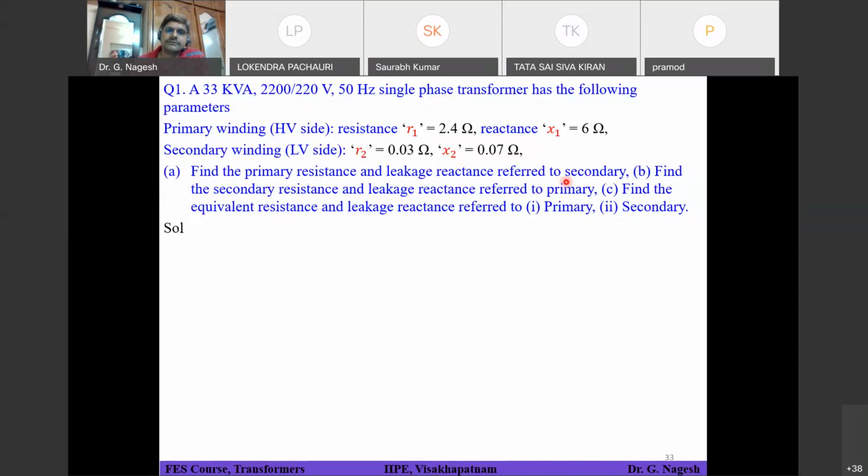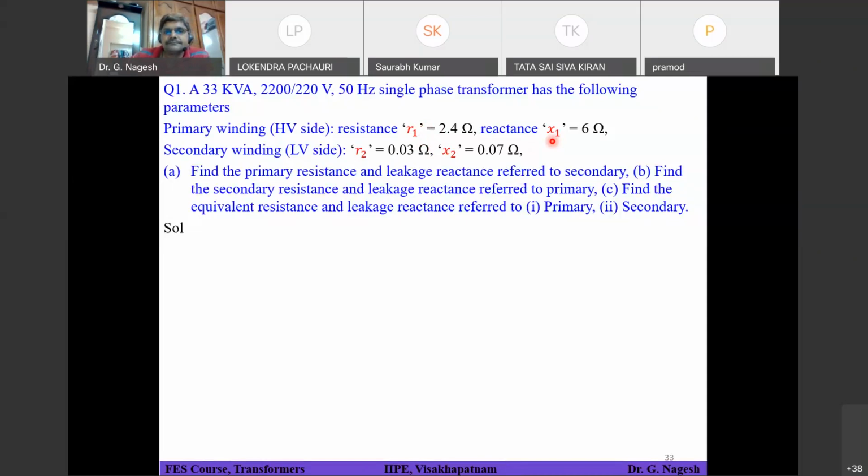Okay, so the first part is they are asking to refer to secondary. That means in the secondary, what is the equivalent of the primary resistance and leakage reactance? That means you have to calculate R1 dash. R1 refers to primary. R1 dash is referred to secondary. So R1 dash you have to calculate, and X1 dash also. So what will be R1 dash and X1 dash?